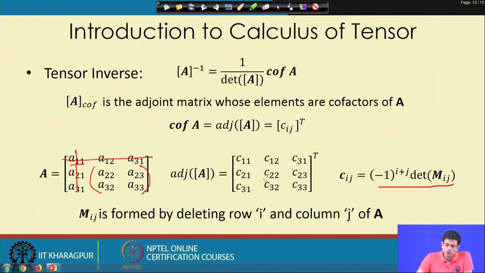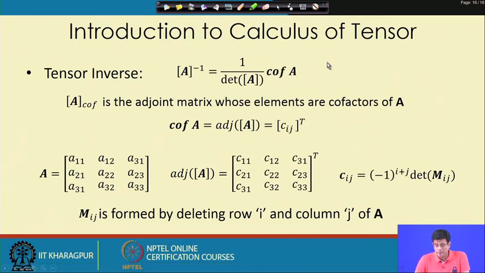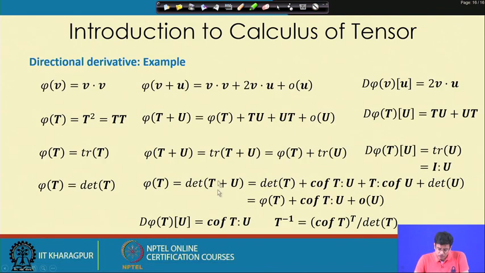The transpose of this is actually the adjoint matrix, which is essentially known as the cofactor matrix. So, in our previous case, where we found the directional derivative of the determinant of tensor T, you can verify whether the determinant of the sum of two matrices can be written in this form.